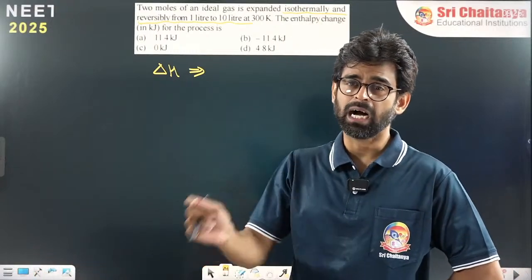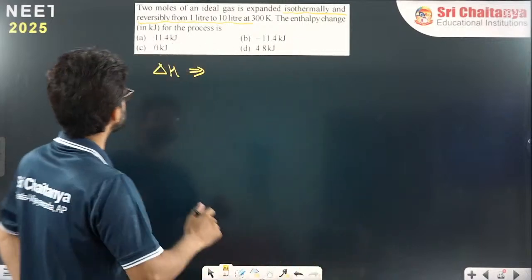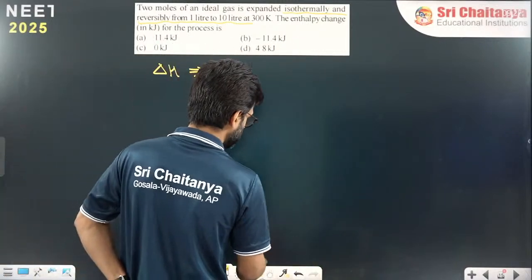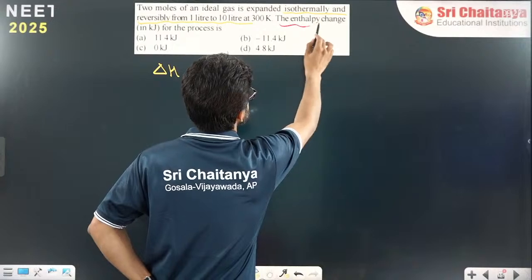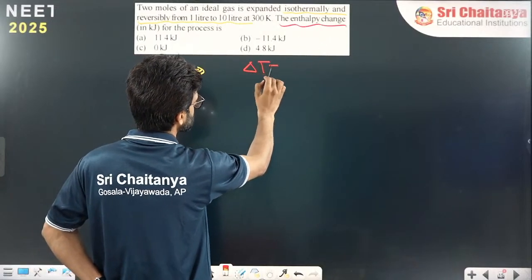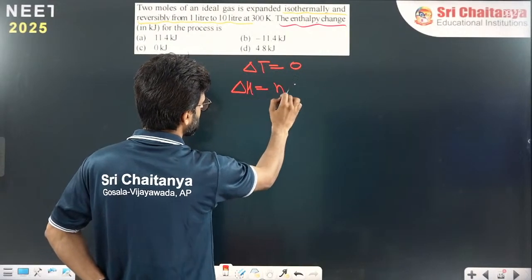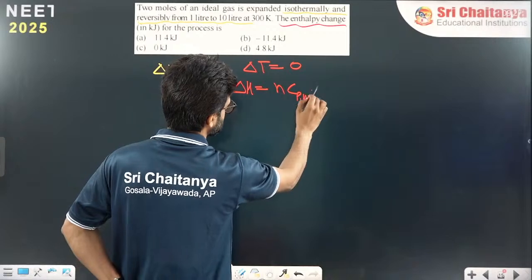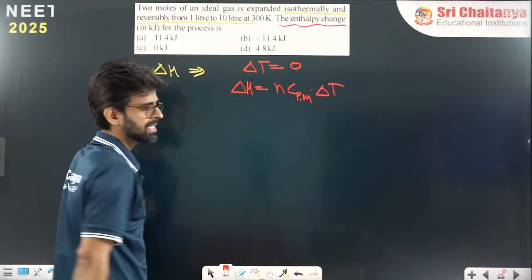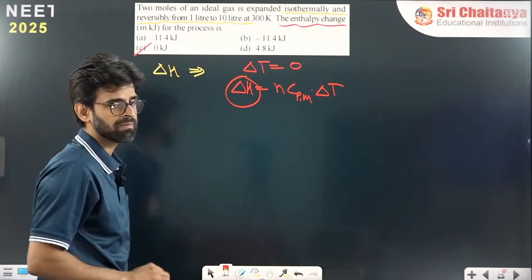If just work done, we can apply the backside formula, isothermal and reversible. But in the question, be careful what they are asking. They are asking enthalpy change, and they are saying temperature is constant, no change of temperature, and delta H is nCp delta T. So if delta T is 0, then definitely delta H is also 0. No need to waste time.